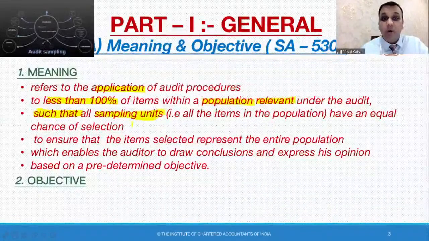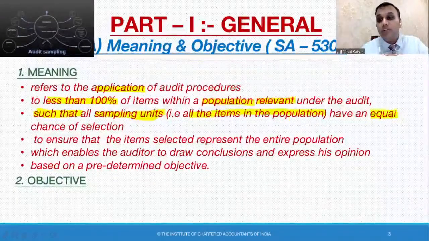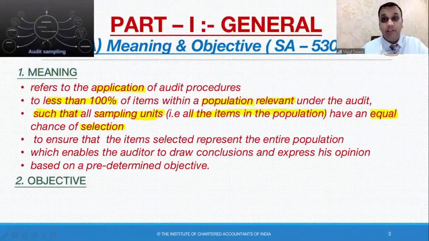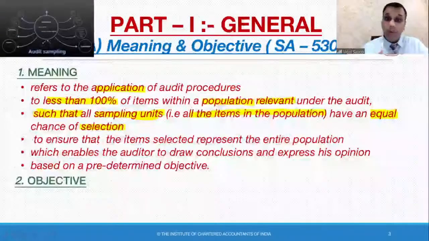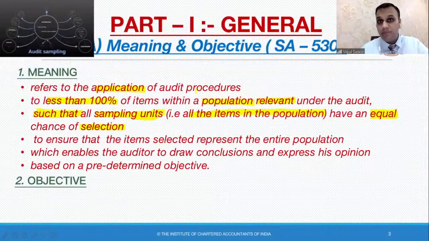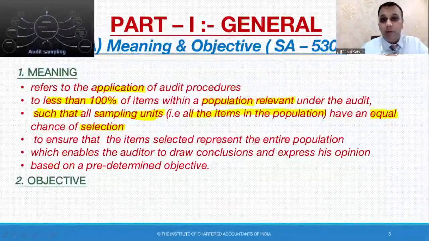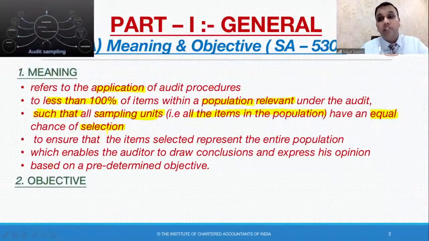Such that all the sampling units, that is all the items in the population, have an equal chance of selection. So it says sampling is a technique. It is a method whereby you apply your audit procedures to less than 100% of items within a population, such that all sampling units, that is all the samples which you have chosen, have an equal chance of selection.